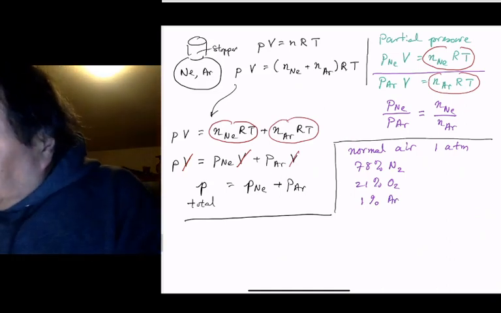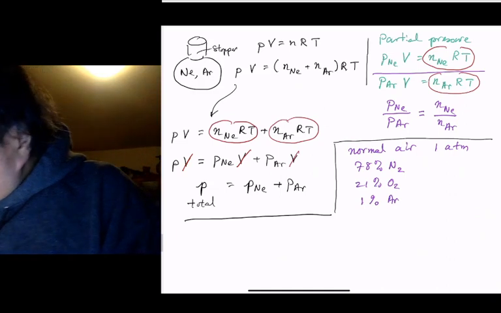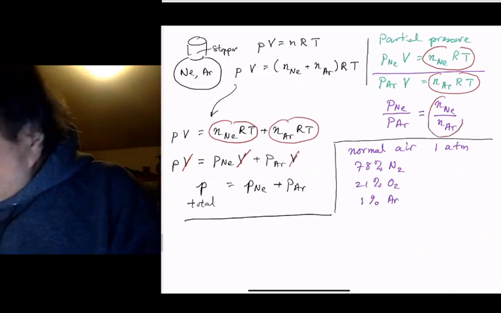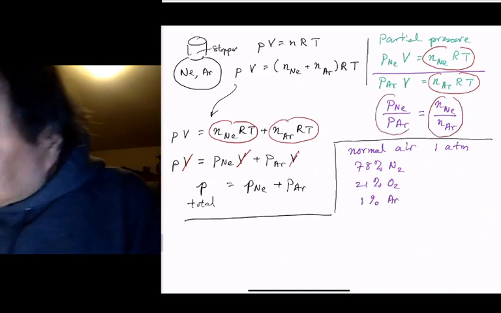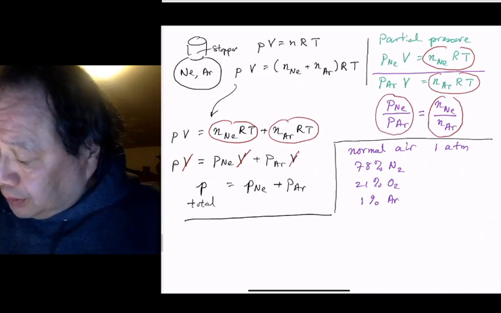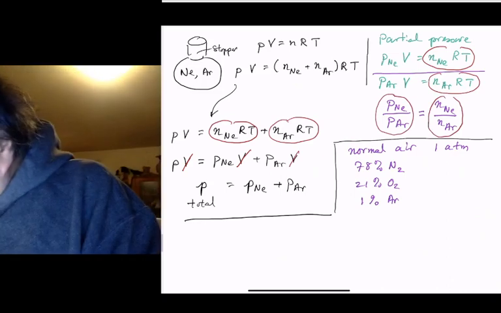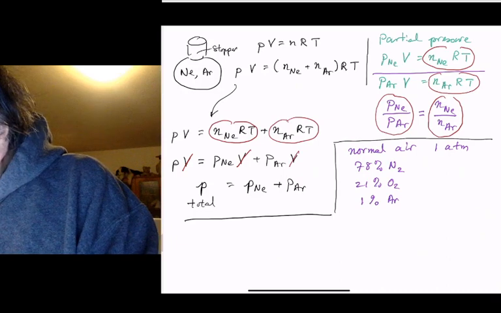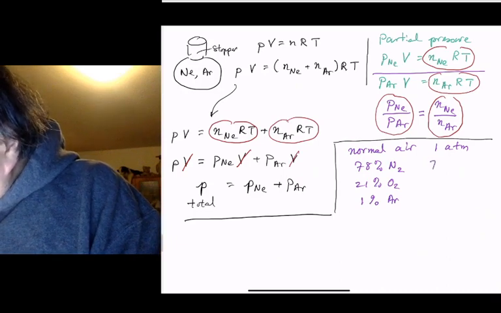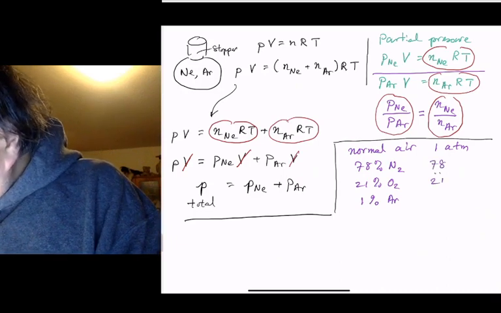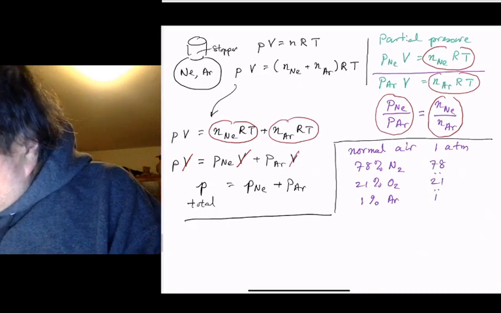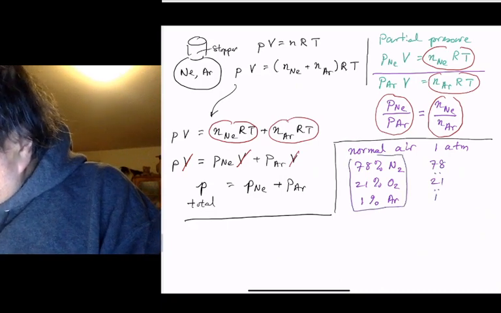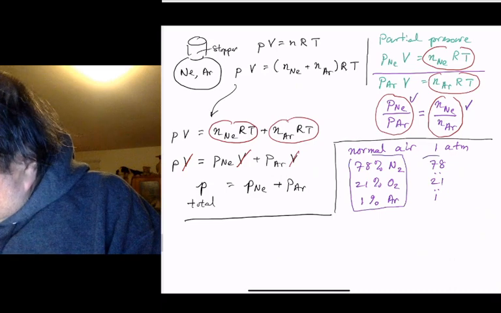And we know that the number of moles is in the same ratio as the partial pressure. So the partial pressures are in the ratio of 78 to 21 to 1. So if the moles are in that ratio, here the partial pressures are in that ratio.